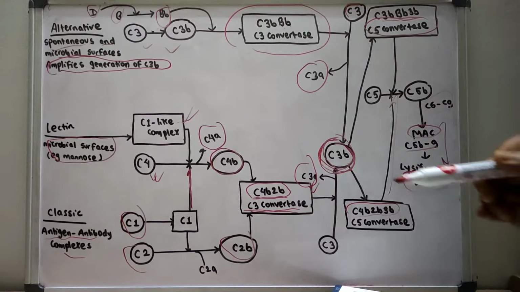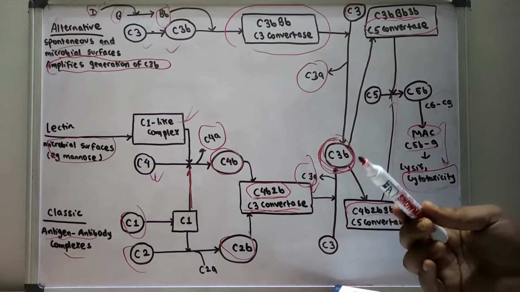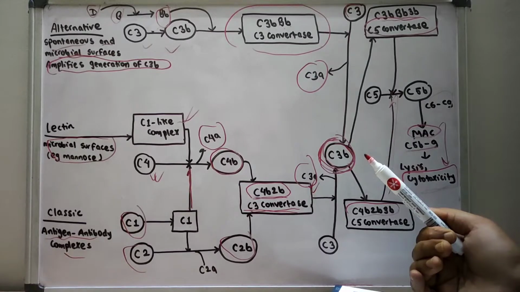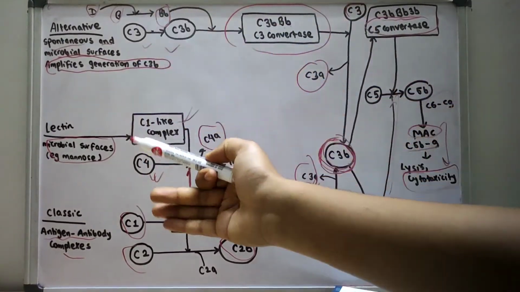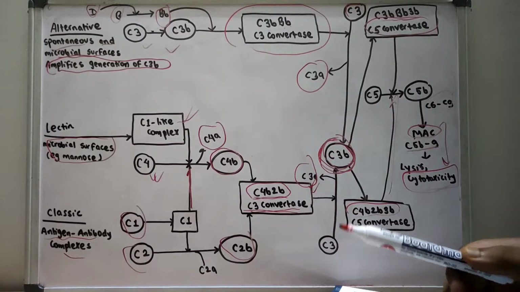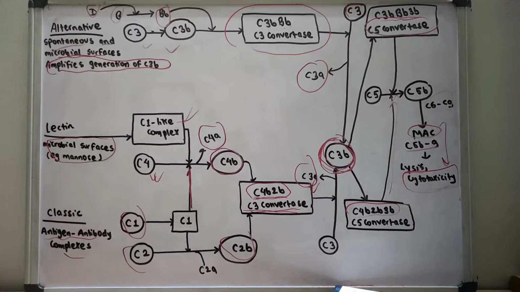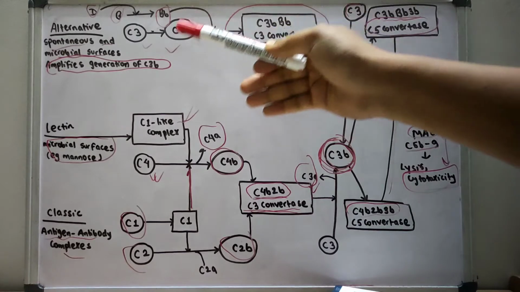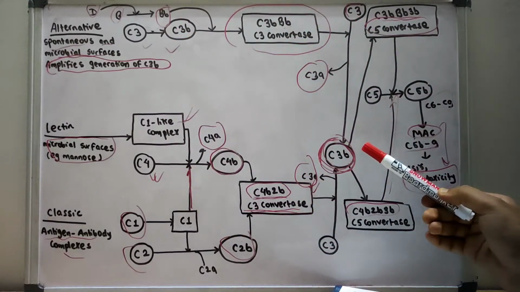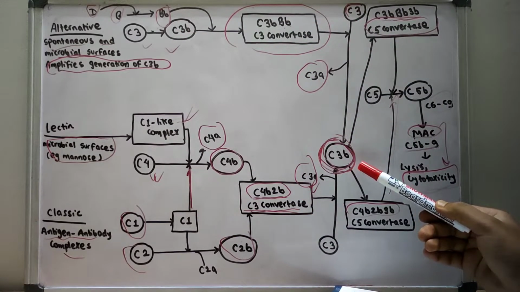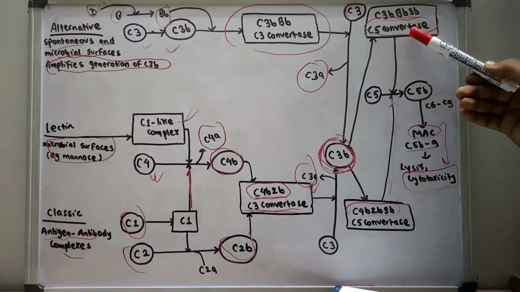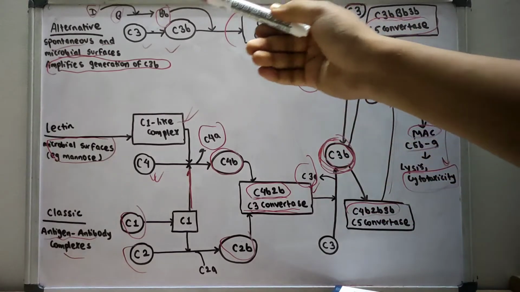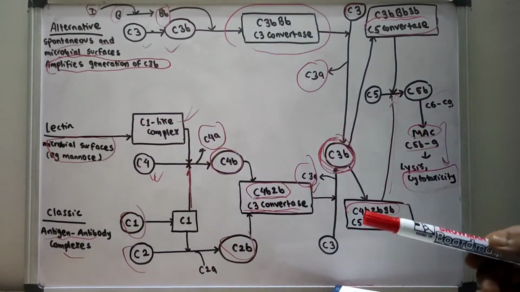So again I am going to briefly revise the various steps that I have explained in the alternative, lectin and classical pathway. All these pathways lead to the formation of the C3b. After we obtain the C3b, we obtain the C5 convertase from the alternative, lectin and classical pathway.